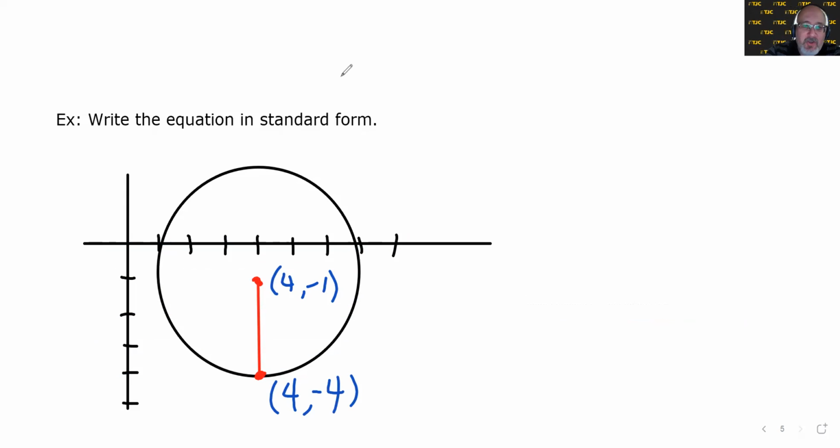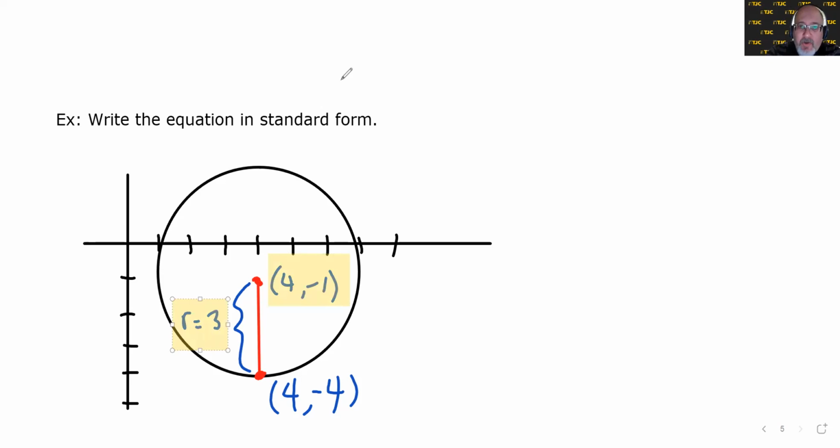So what's the radius? Well, radius is distance, so we could break out the distance formula. But if you think about it, all we have to do to get from the top point to the bottom point is to go down 3. Our radius is 3.